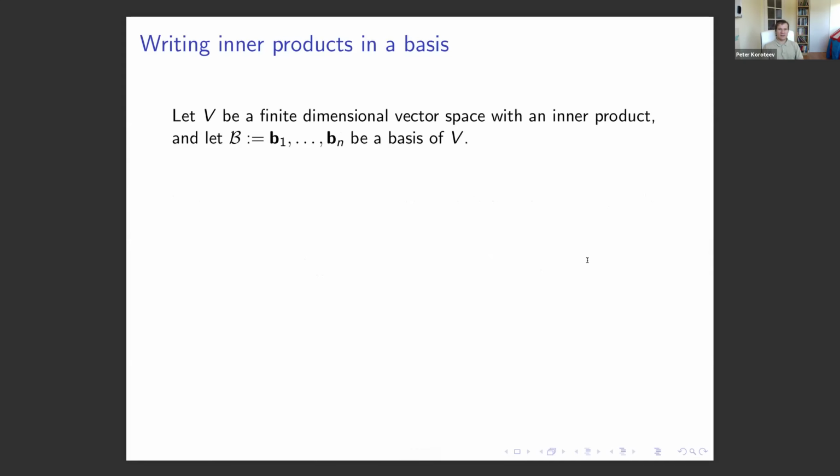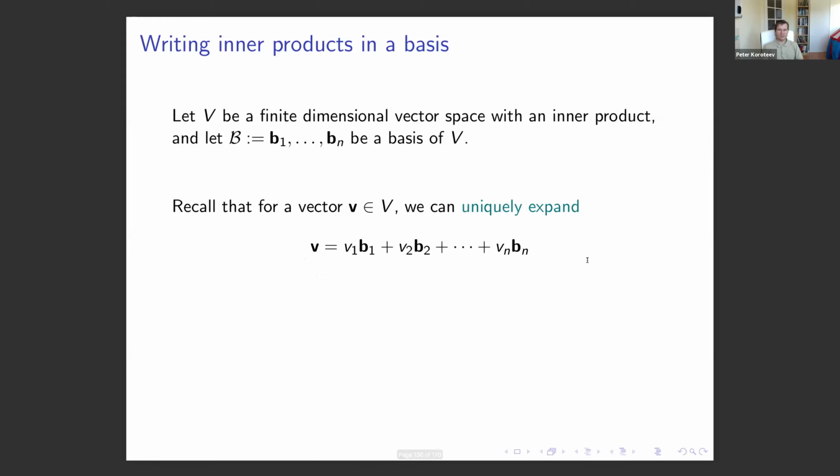Now, let V be a finite dimensional vector space with an inner product, and let B be a basis. Because it's a basis, any vector can be uniquely expanded as a linear combination of the basis vectors, and we can write v subscript B for this vector.